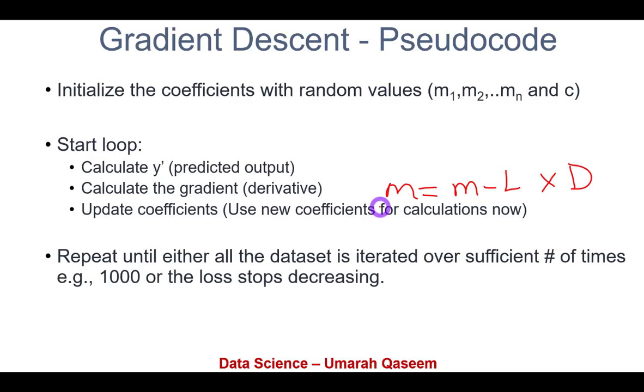Okay, and then we repeat the loop until either the dataset is iterated, that means we have iterated the dataset many times and there is no more room for improvement. So either that or the loss stops decreasing. Again, there is no room for improvement when the loss stops decreasing, right? Or we achieve a particular level of accuracy that we need, and then we stop it.